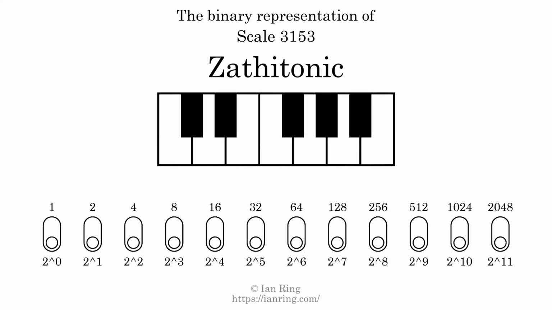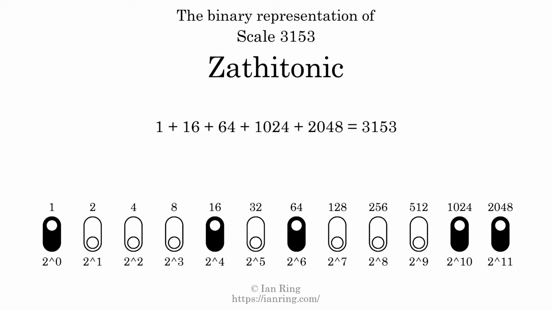The binary representation of this scale is determined by mapping tones of the scale to binary digits. Each binary digit represents a power of 2. To get the scale number, we add the powers of 2 together. The powers of 2 that are present in the scale, all added together, equals 3153.